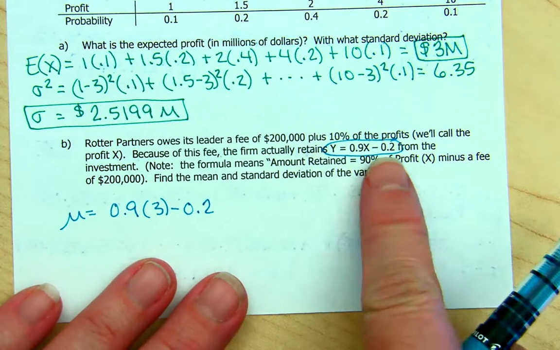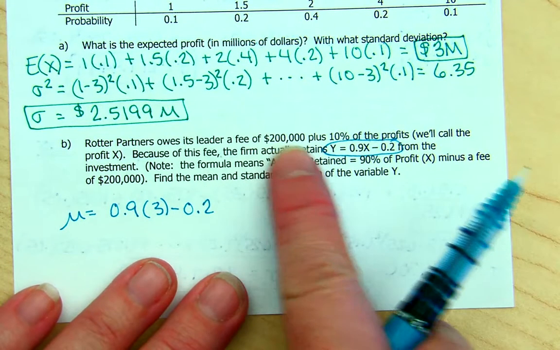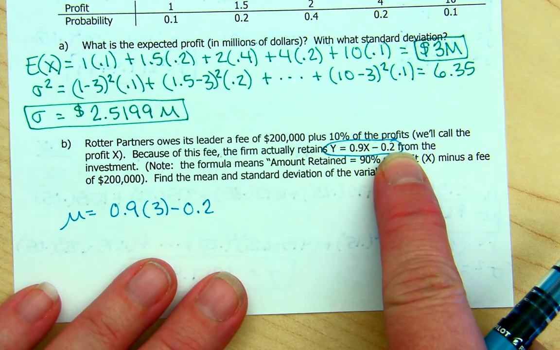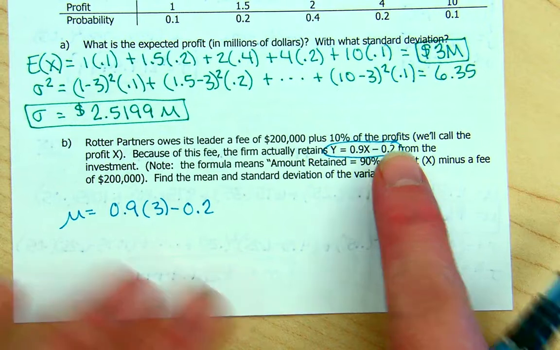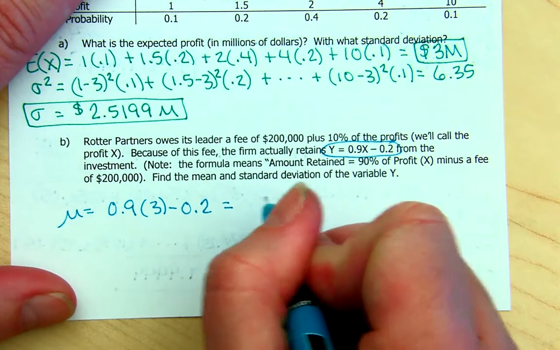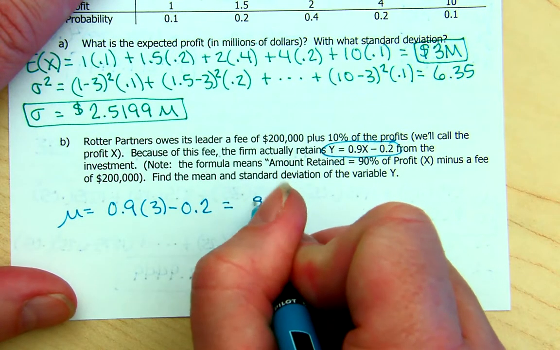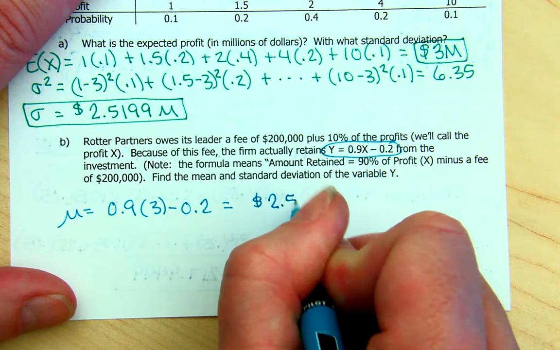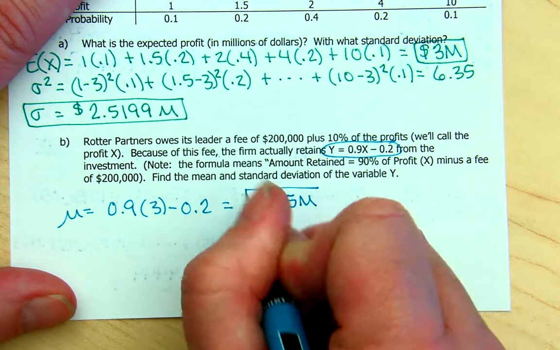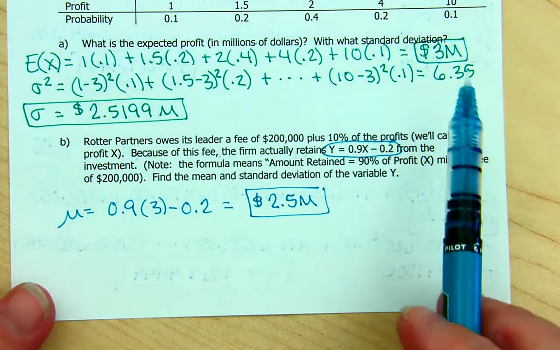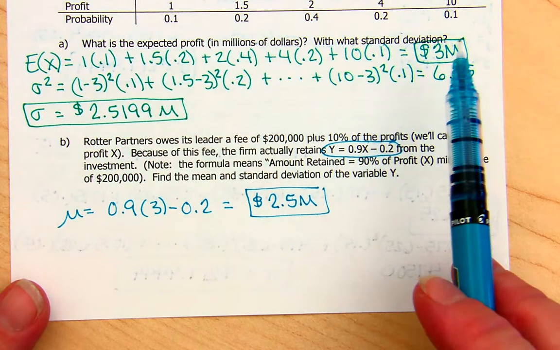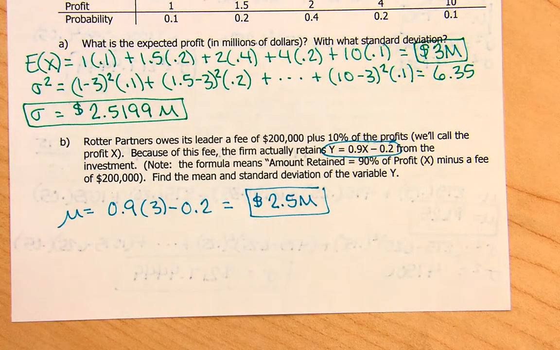Notice since we're talking about money in millions, this 200,000 became 0.2 million. So that's why the 0.2. So when the average investment earns 3 million, the actual profit is 2.5 million.